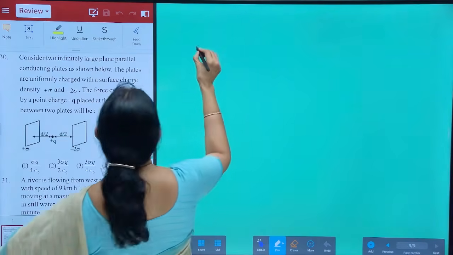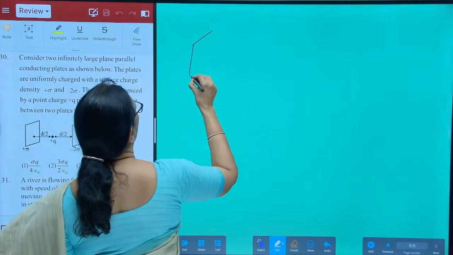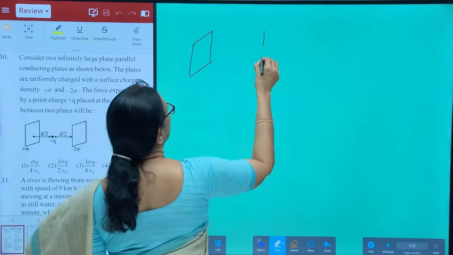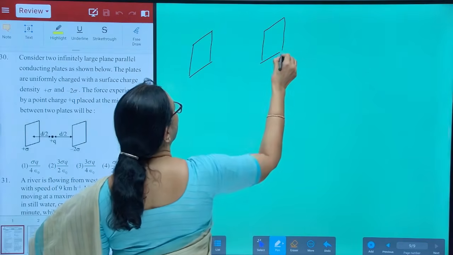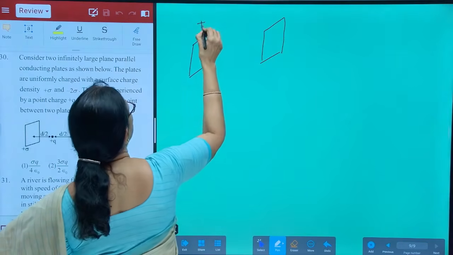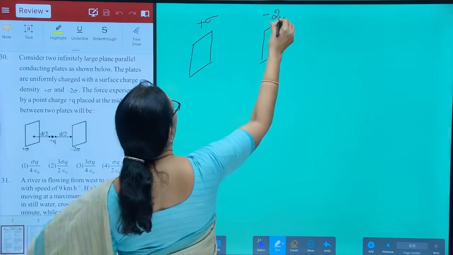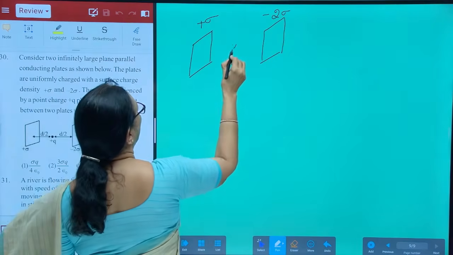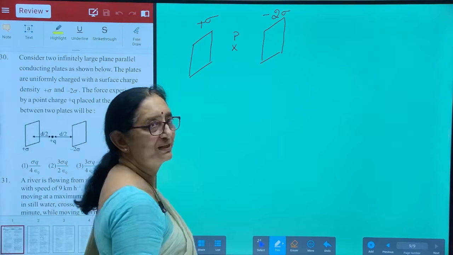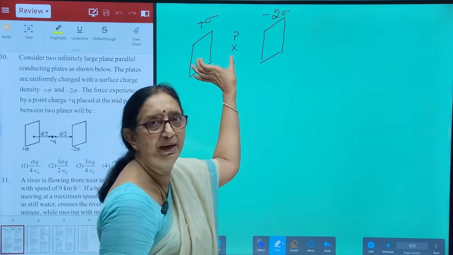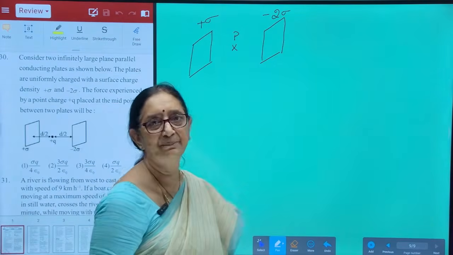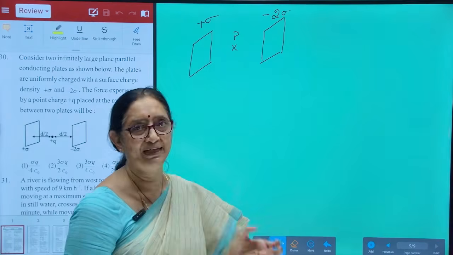Here there are two infinite sheets of charge densities, this is plus sigma and this is minus 2 sigma. And P is the midpoint, because it is at a distance d by 2 from this sheet and d by 2 from this sheet.